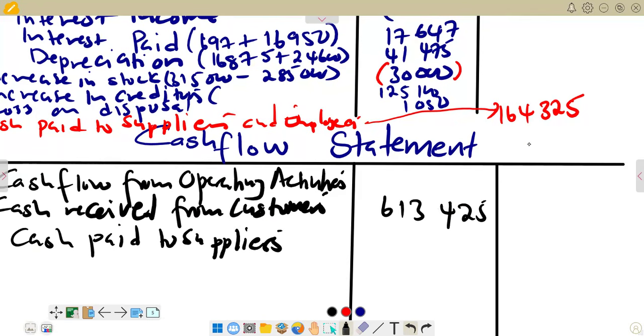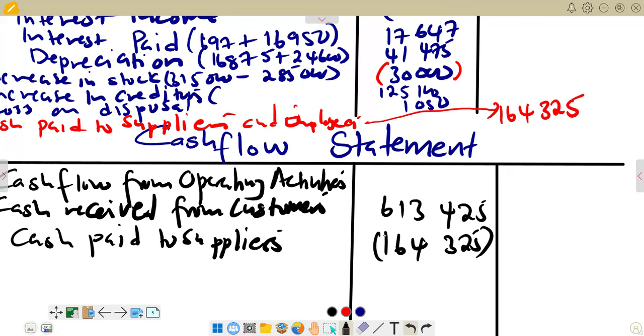And we are seeing it as 164,325, but when we put it here in the cash flow statement, we are supposed to show it as a negative because it's an outflow of cash. So we are saying 164,325, then we show it in brackets so that we are subtracting.